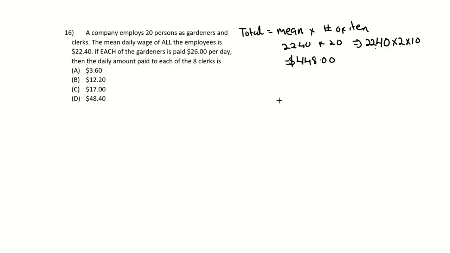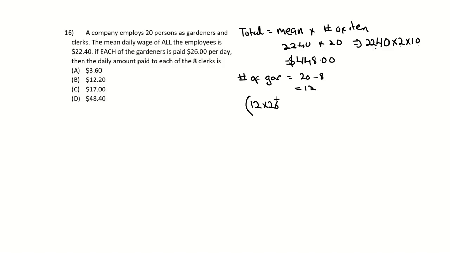Right? Then we know the number of gardeners is going to be 20 minus 8, which is equal to 12. Why minus 8? They told you there are 8 clerks. So now we're going to say 12 multiplied by 26, because each of the gardeners is paid $26 per day.